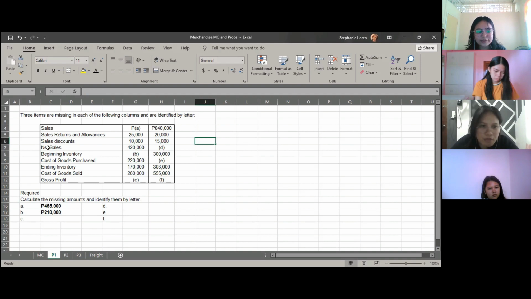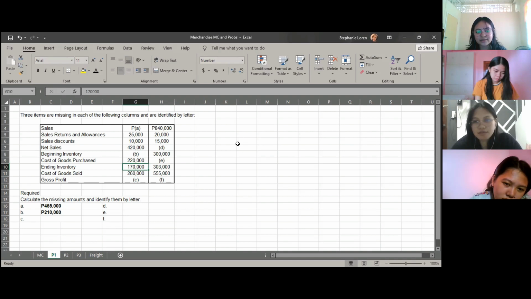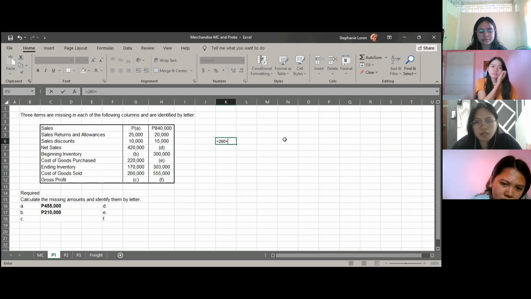So, kinompute yung beginning inventory. Mag-work back ka from cost of goods sold. Pataas naman. So, cost of goods sold plus ending inventory, kanina, 260 plus 170. Less mo yung cost of goods purchase or yung purchases.